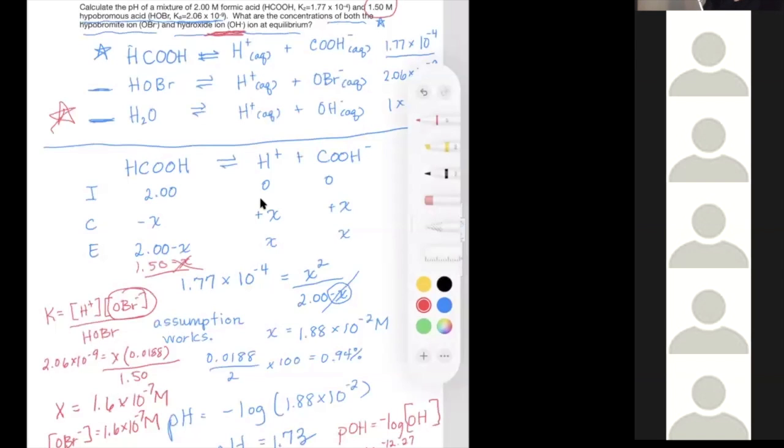And that will give you the OH concentration. I've got to make some more room here, so I'm going to erase that. And when you do that, you should get 5.4 times 10 to the negative 13th.